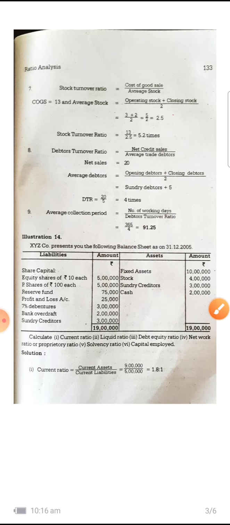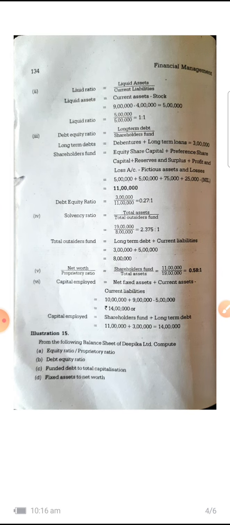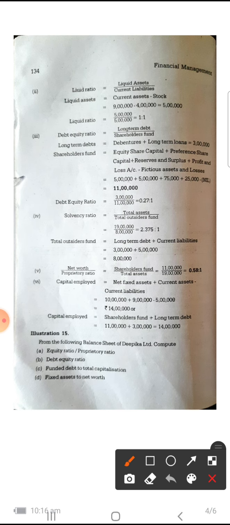The ratio given here, net worth ratio or proprietary ratio, both are the same. Proprietary ratio is shareholders fund divided by total assets. Shareholders fund already calculated, divided by total assets 19 lakhs. So the answer is 0.58 is to 1.